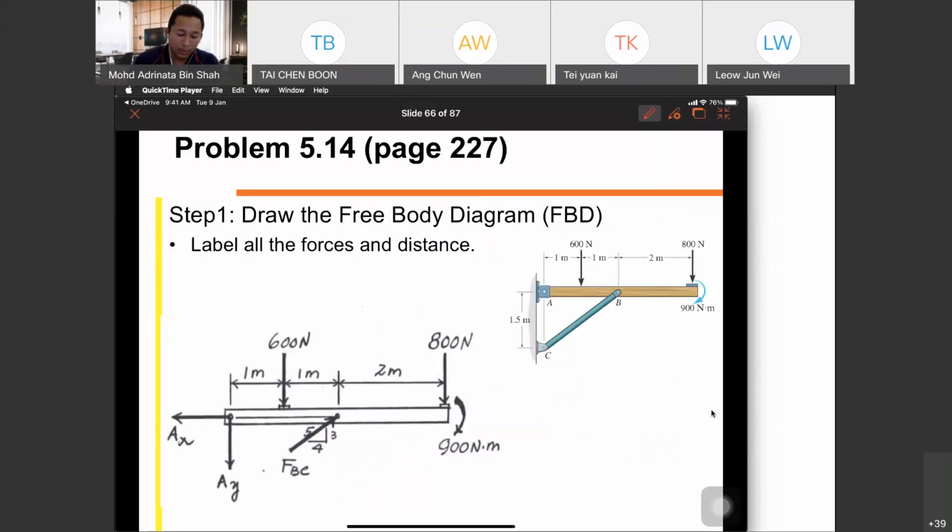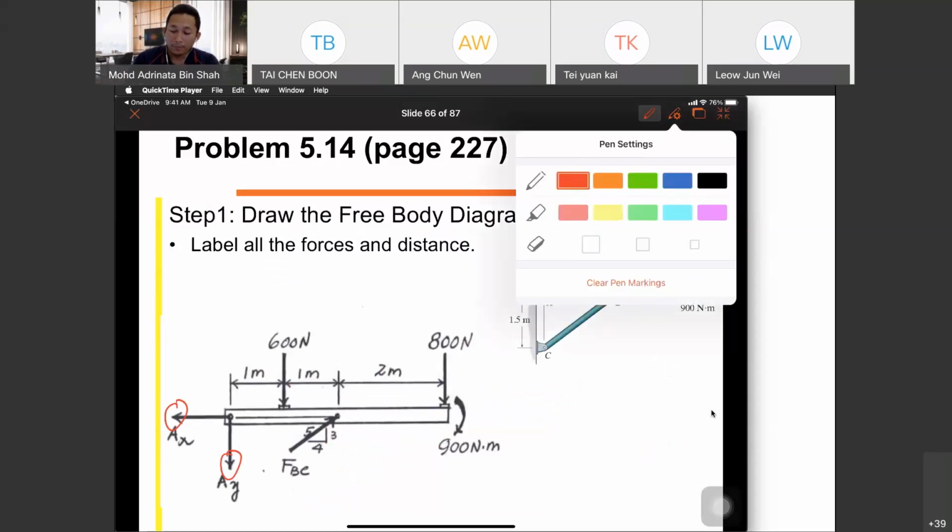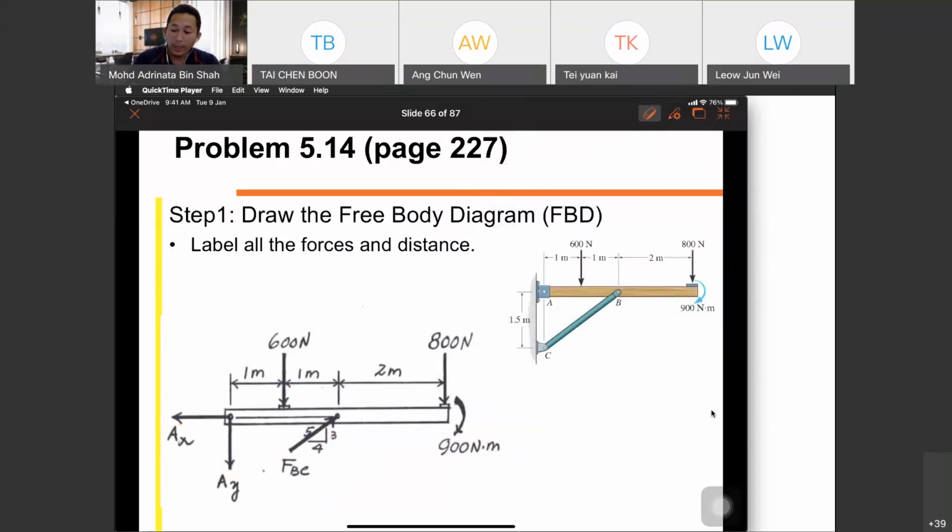Look, AX and AY, it is just the direction. From the figure, we have AX, AY at the pin, and FBC for the strut above BC, and then we have 600, 800, and 900 Newton meter. So this is your free body diagram.